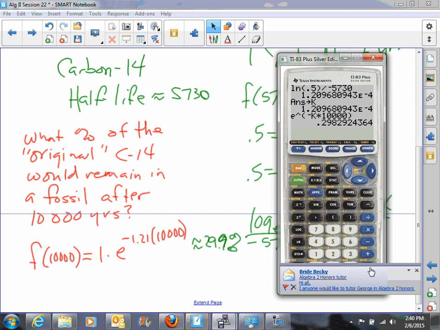Now, notice, if I were to change this around and say a fossil is examined and it is found that 29.9% of the original carbon-14 remains, how old is this fossil? We would work back the other way, and hopefully we would find 10,000 years. Let's do one of those as well.